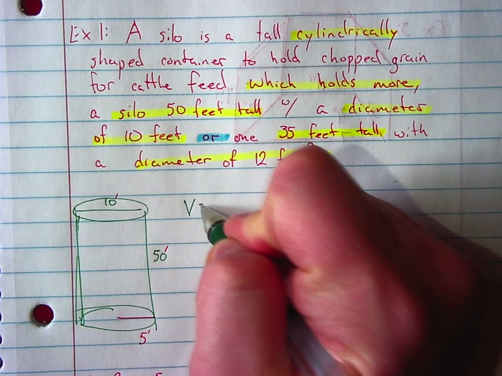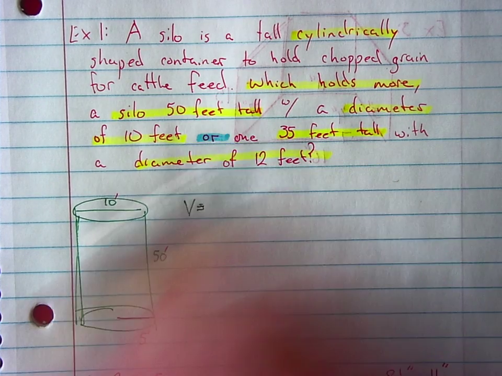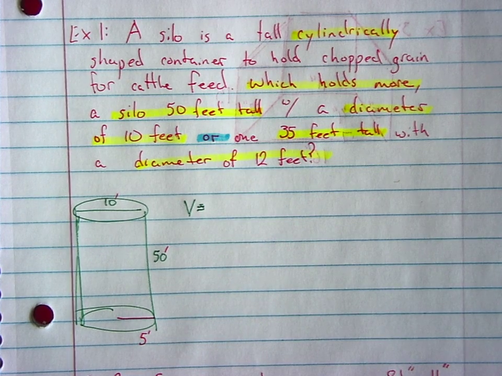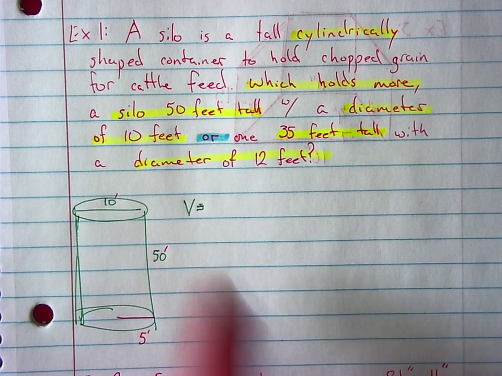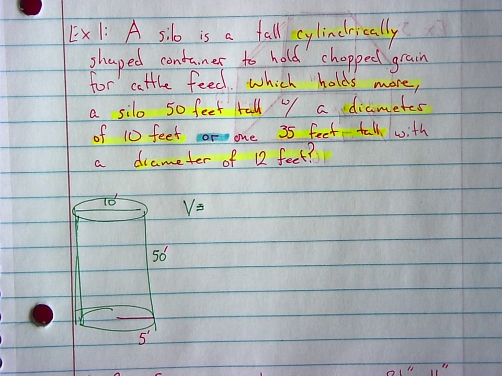So, I'm going to pause for a minute while you make sure you have everything written down up here. You have the picture, and I want you to do the volume formula off of your vocab, and I'd probably go straight to the cylinder one.